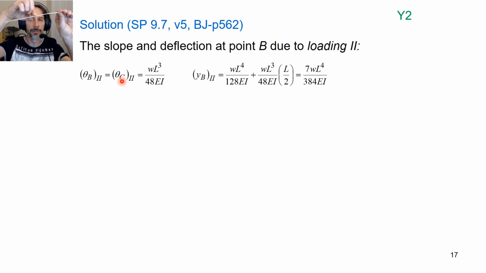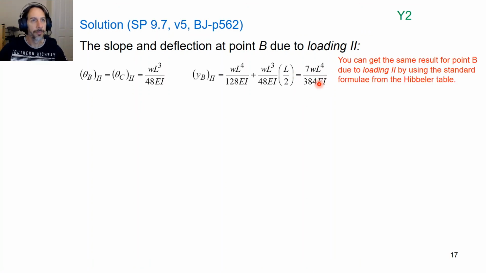From my finger to the end, it's a straight line. For our total deflection due to loading 2, we have the deflection at my finger plus this angle times the length from my finger to the free end, which is L over 2. If you substitute that in here, that's what we get.